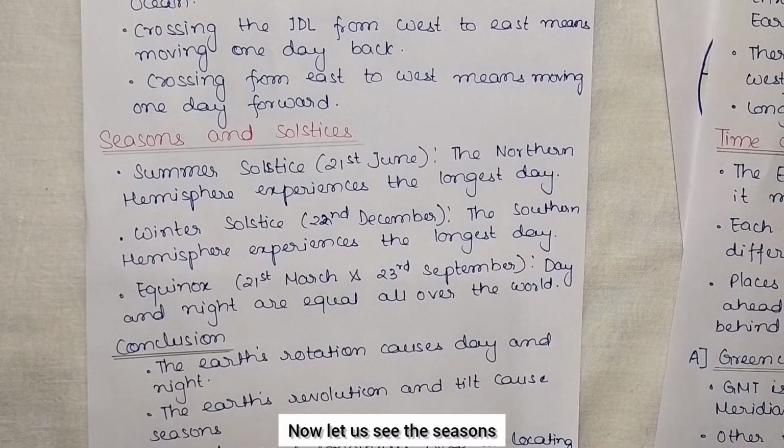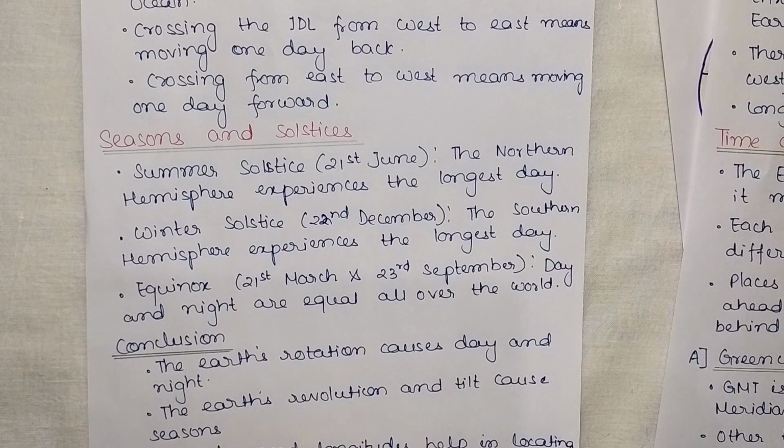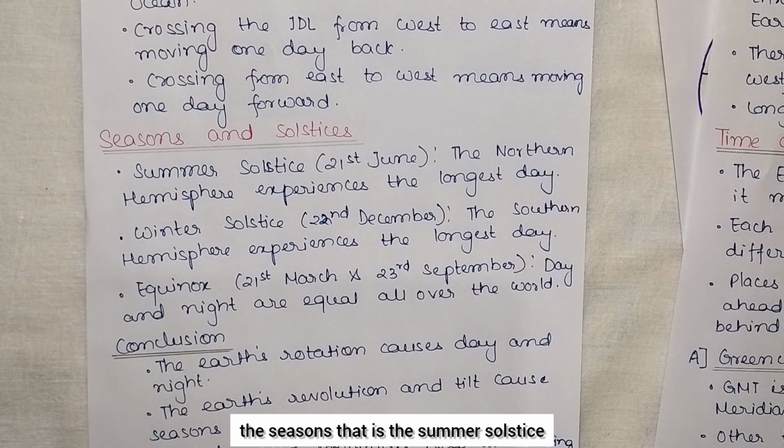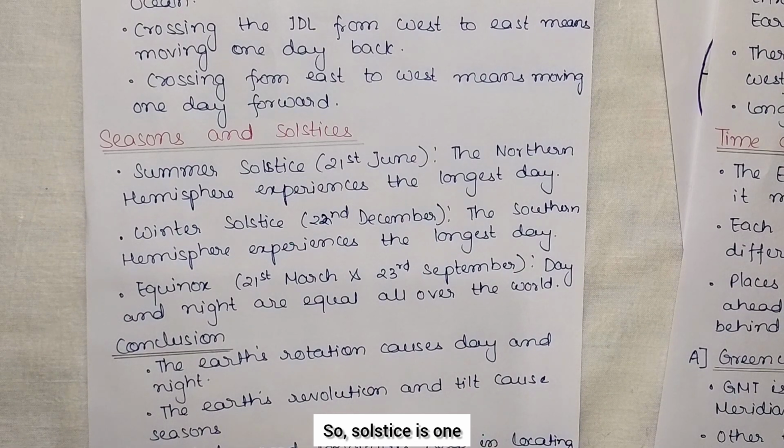Now let us see the seasons and the solstice. Here we will see the summer solstice and the winter solstice. The solstice is when we see the longest and the shortest day of the year.